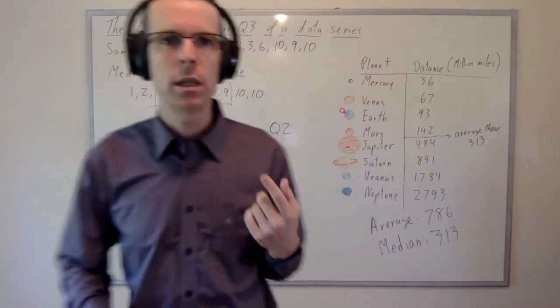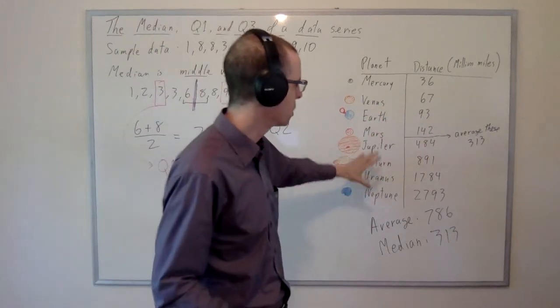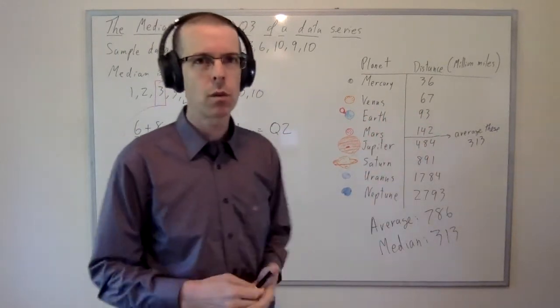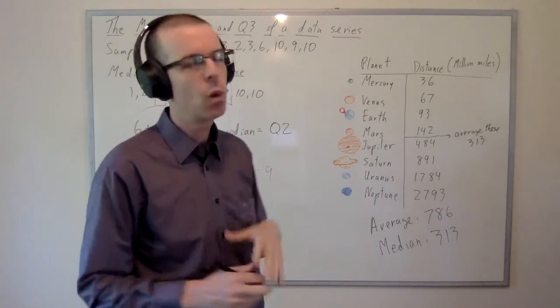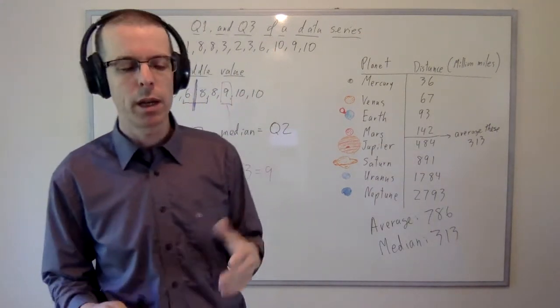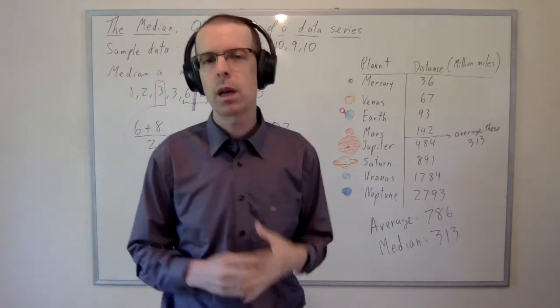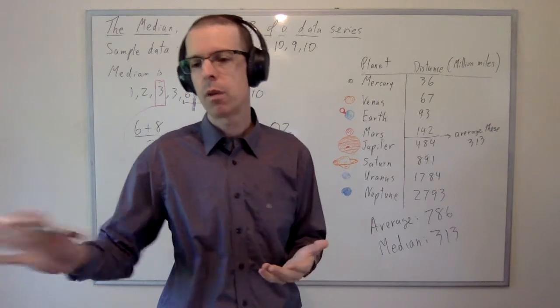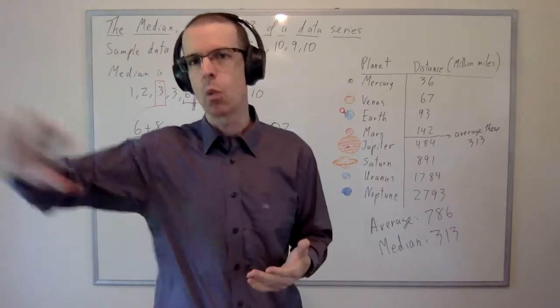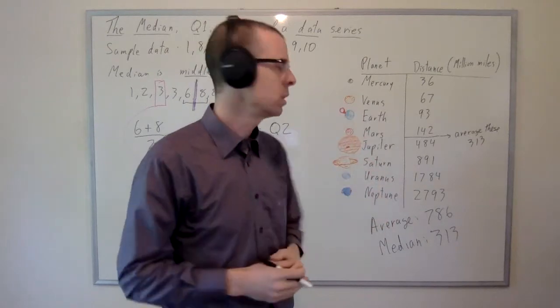So one data point, which is really, really huge, is going to very much throw off the average, but it's not going to throw off the median very much. So if you want a typical value, then median is often a better strategy than mean for trying to talk about what is typical. The same kind of thing happens with data sets that are very, very skewed because some of the data is way, way out there and the rest of it is more centrally located.